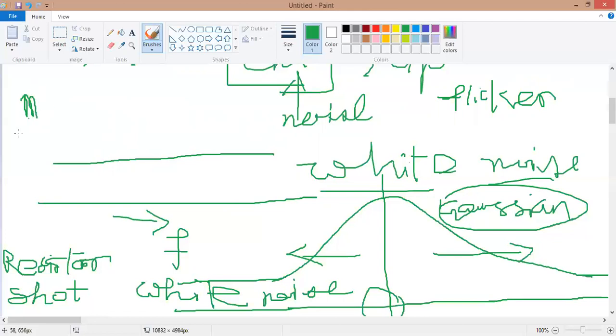But there may be certain frequencies that are very low, where an error is found due to noise, but I can't directly find that error, or I can't correct it. Even if it is possible for me to detect the error, it may not be possible for me to correct it.